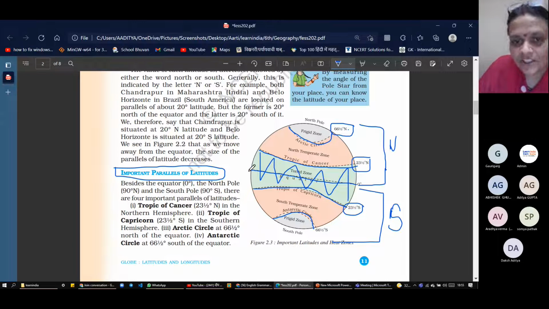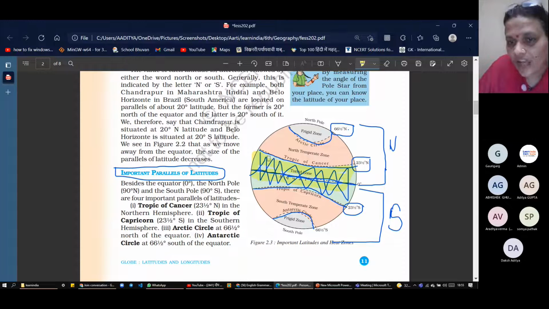The region here is very, very hot because it is the equator where the sun's rays are very sharp. This is the torrid region.